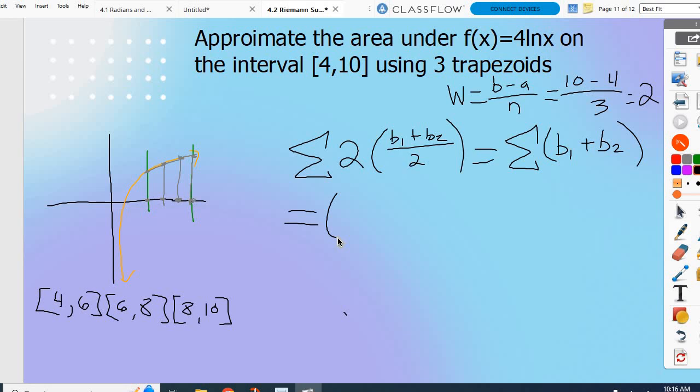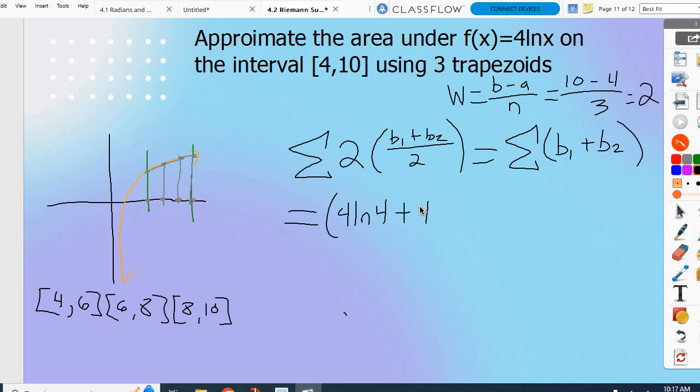So, let's break it down. On our first one, we're going to plug in a 4 for our left endpoint, yes? So we would have 4 natural log of 4. Agreed? Then what would I have for my right endpoint on that first one? So my right endpoint is at 6, so we're going to plug 6 into our function.